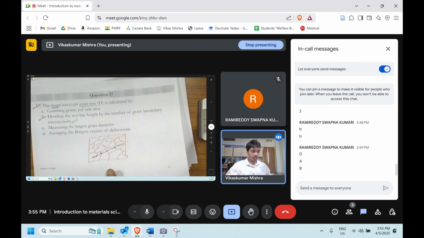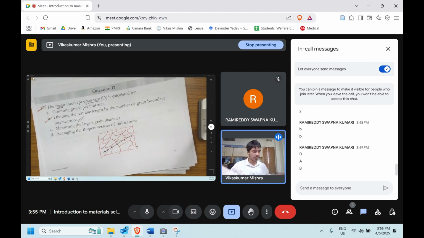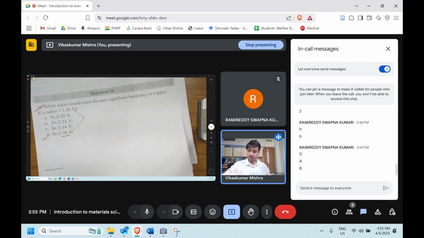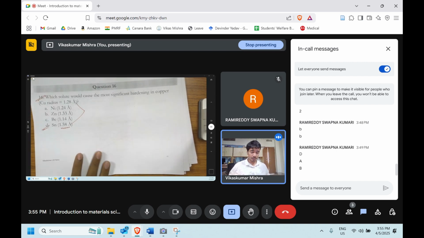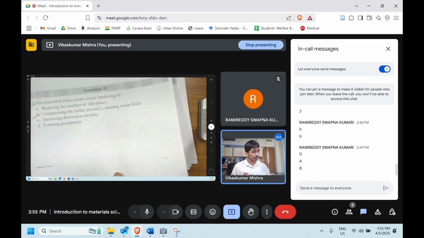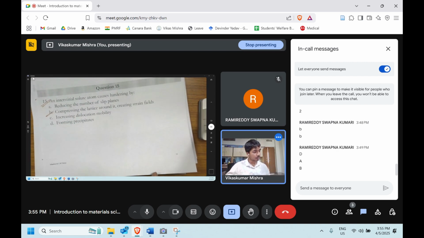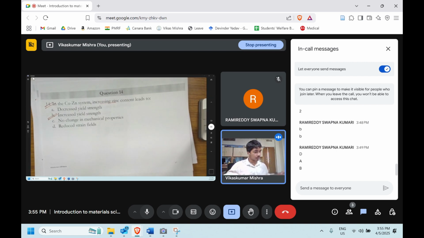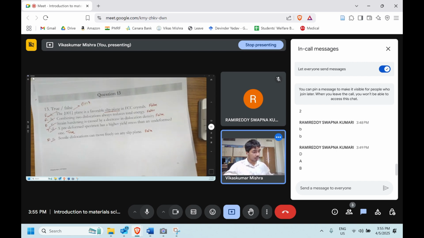And here we discussed the grain size and all. Here we discussed strain hardening, sorry, solute hardening, solution hardening. And then again, solute atom hardening, the same thing, and how it is going to affect the yield strength.